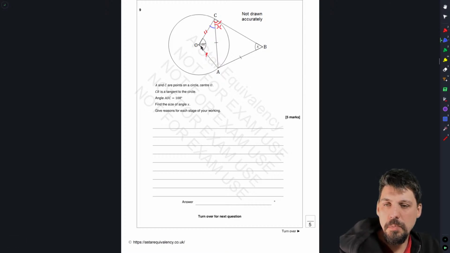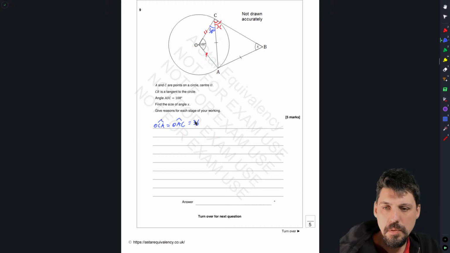OCA is going to be 36 degrees. OCA is equal to OAC, which is 180 minus 108 over 2, is 36 degrees, because OC and OA are radii.